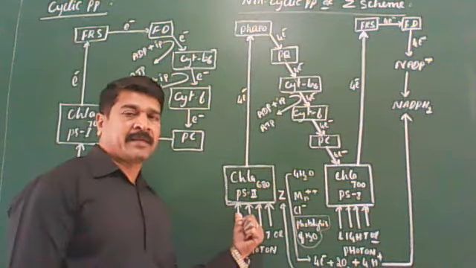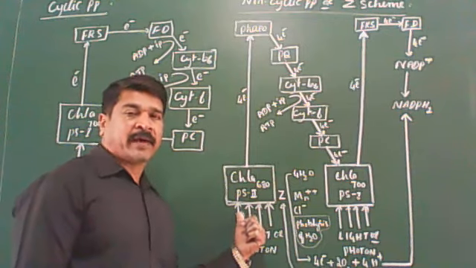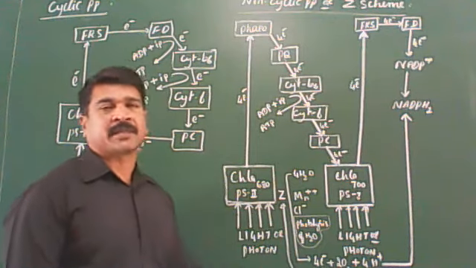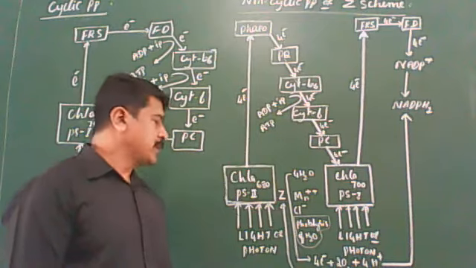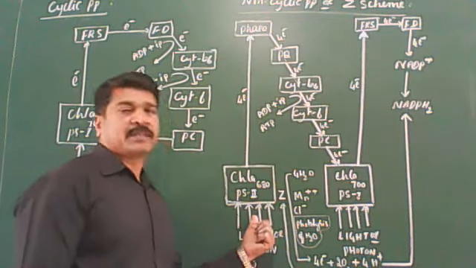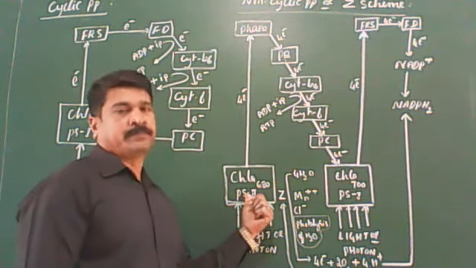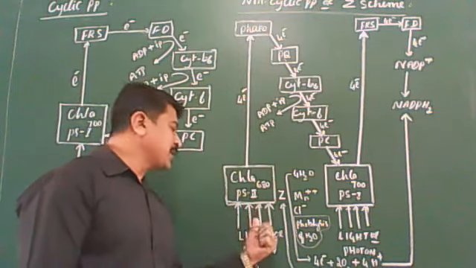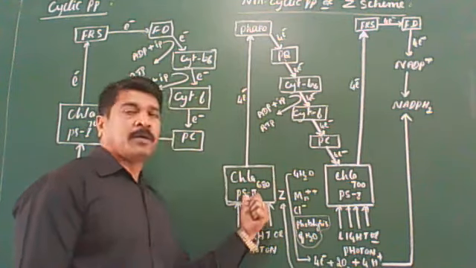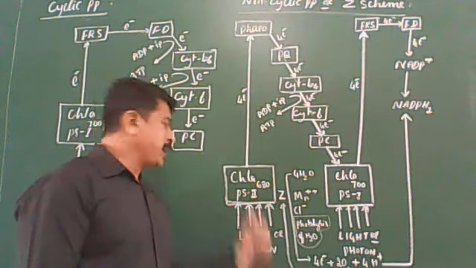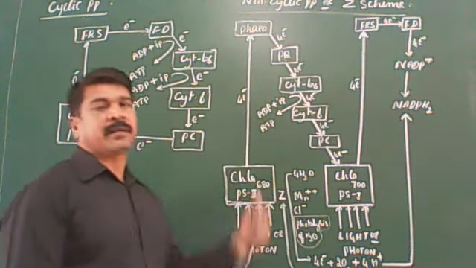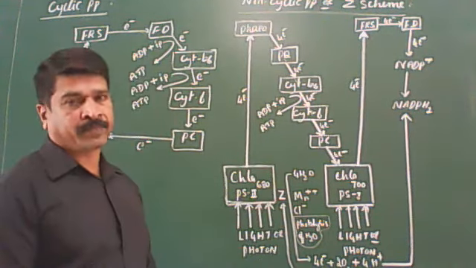As we discussed earlier, in the place of arrow marks, accessory photosynthetic pigments are there. Listen. The accessory photosynthetic pigments of PS2 absorb light or photon, transfer to the reaction center containing chlorophyll A680.